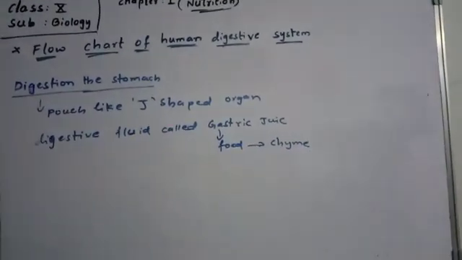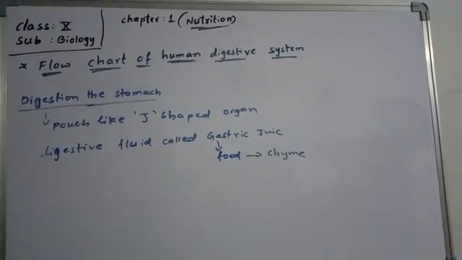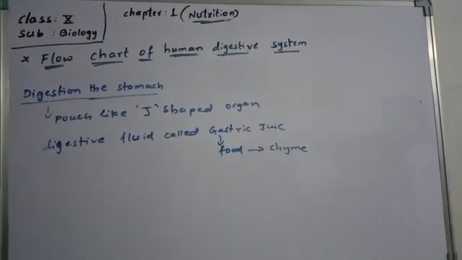And what does gastric juice contain? Hydrochloric acid, enzymes, mucus and gastrin.